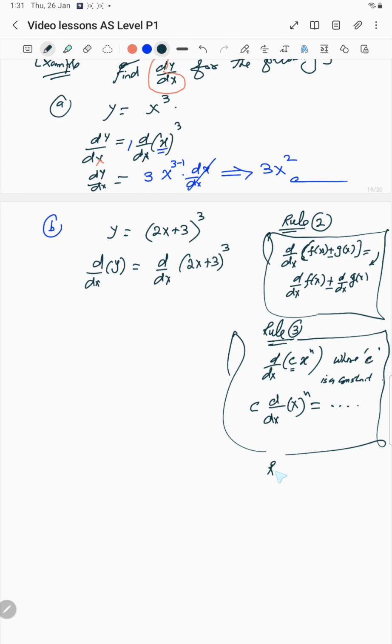And the last but not the least, the derivative of a constant, where c is a constant, is always 0. Anything which doesn't have a variable with it, that derivative will always be 0. Okay, these are the rules which you need to keep in mind. These are the basic rules of differentiation.